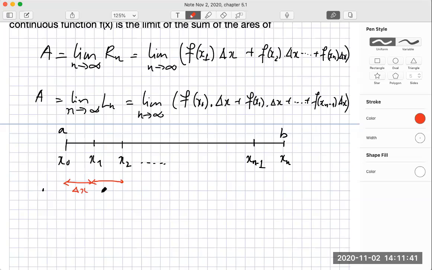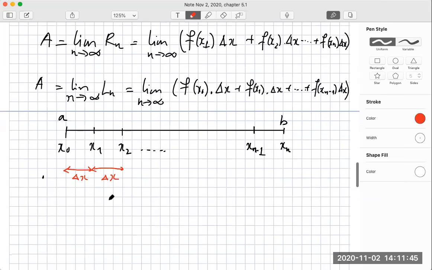We call it delta x here, where delta x is the difference between B and A divided by n, the number of intervals.